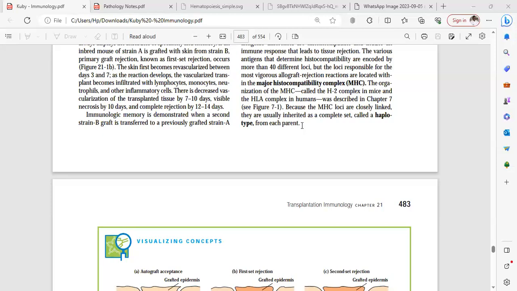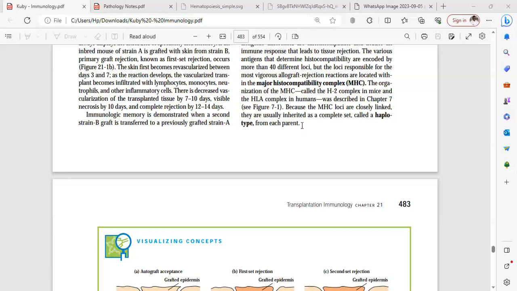Once you do that transplantation, the host cells will see the donor organ as a foreign object, and they'll start producing cytotoxic T cells, which will lead to production of proteins that will further lead to the destruction of the cells or tissues of that organ.